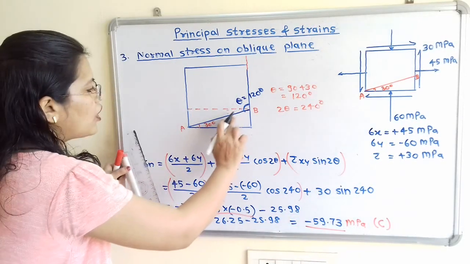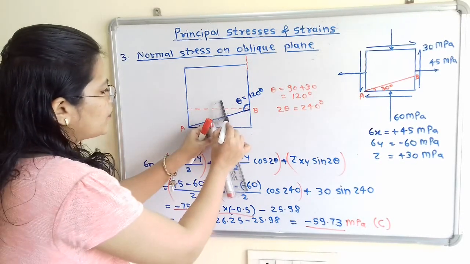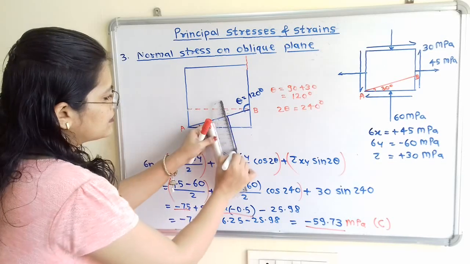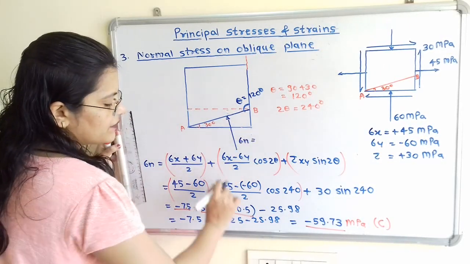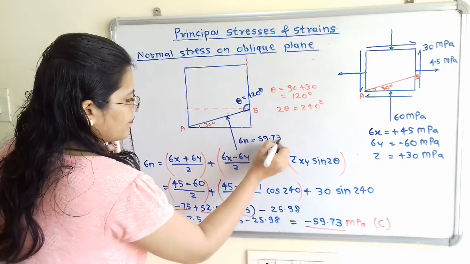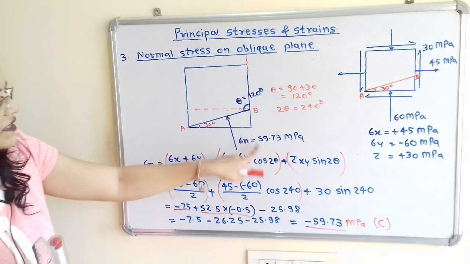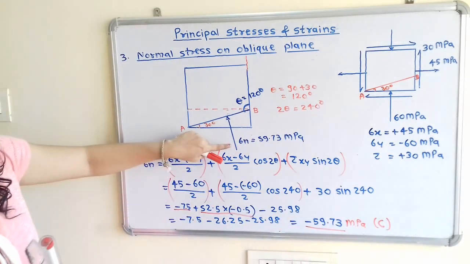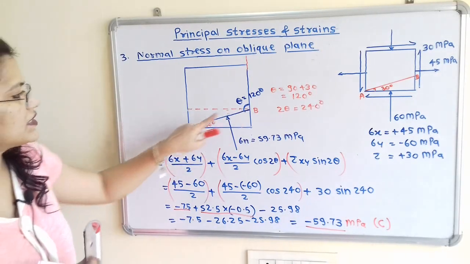So I will draw a perpendicular line to this plane. We take it from this side, and that is known as sigma n, which is equal to 59.73 megapascal. For this case it is not necessary to show the sign, because we have to show the nature of force, that is the arrow towards the body.